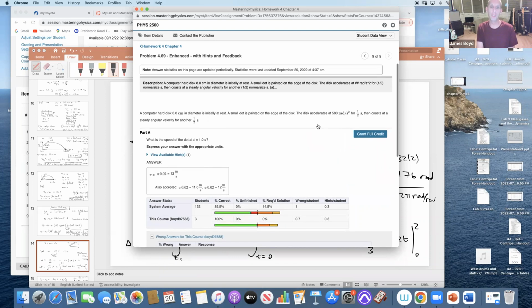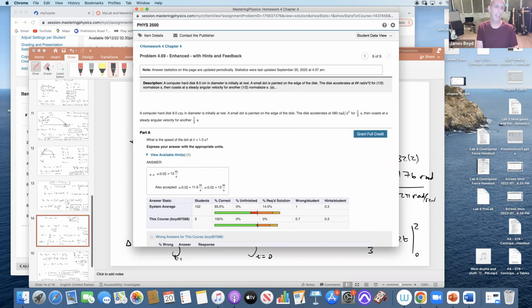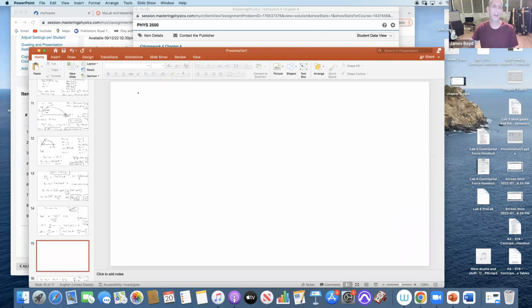Anyway, this final one is an angular acceleration problem. Angular acceleration is not constant in the problem. However, these are exactly like any of our constant accelerations. I'm sorry, the acceleration is constant. So this would be v initial t plus a t squared normally.